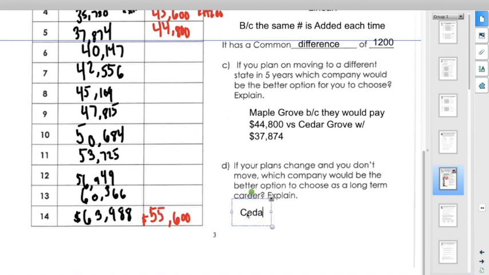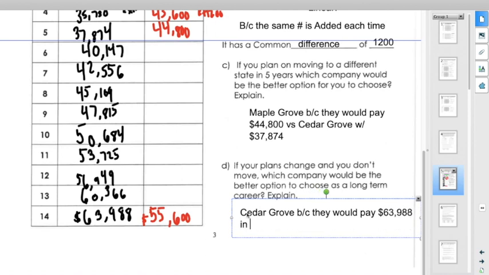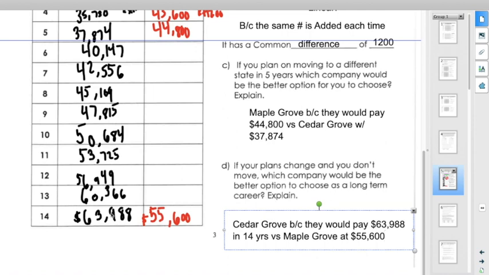So definitely Cedar Grove, because they would pay $63,988 in 14 years versus Maple Grove at $55,600. So this is definitely the better option.